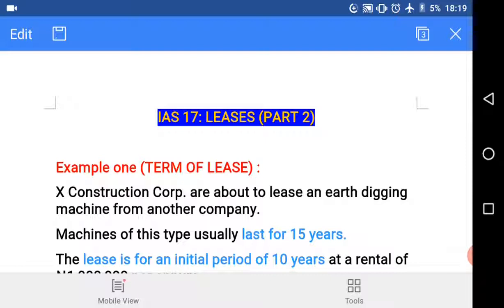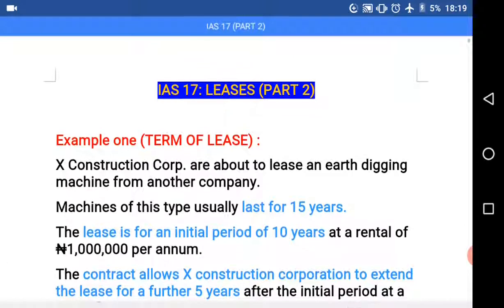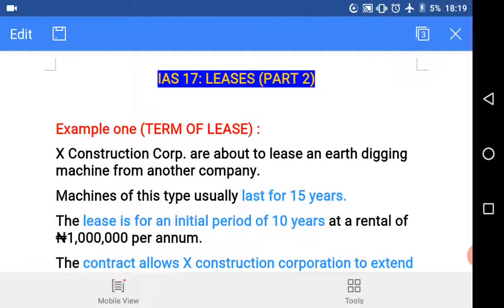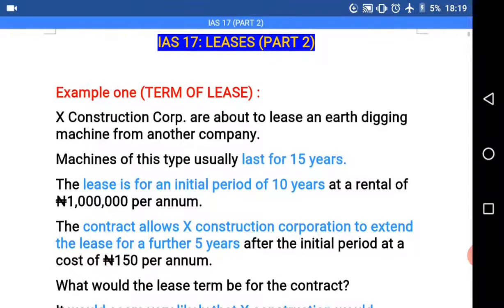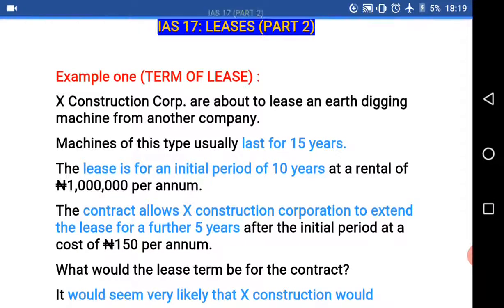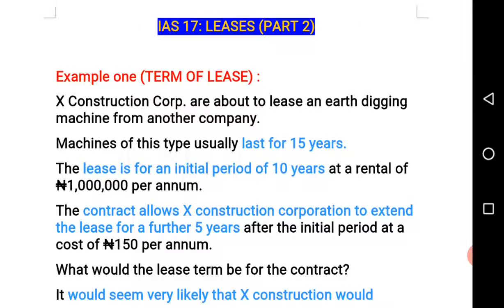So the first one would have an example on term of lease. Example 1: X Construction Corporation are about to lease an earth digging machine from another company. Machines of this type usually last for 15 years.